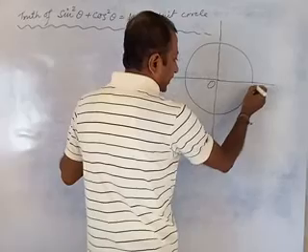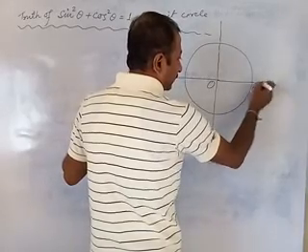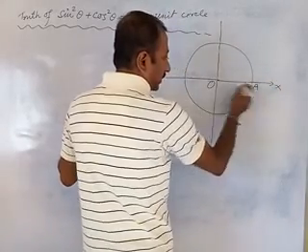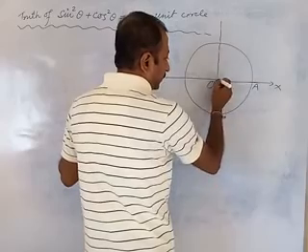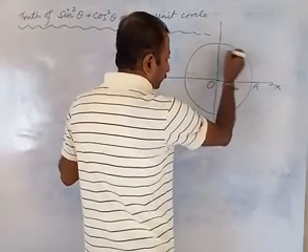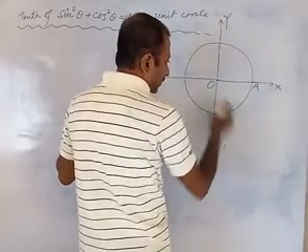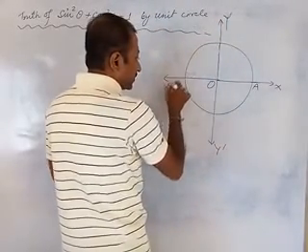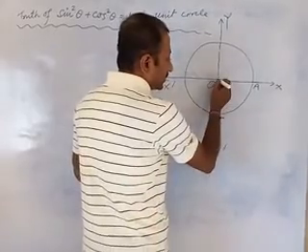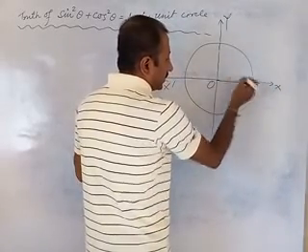Suppose O is the center, OA is the radius of the circle, then this is the y-axis, this horizontal line is the x-axis, you know it. Radius is what? 1. Clear?